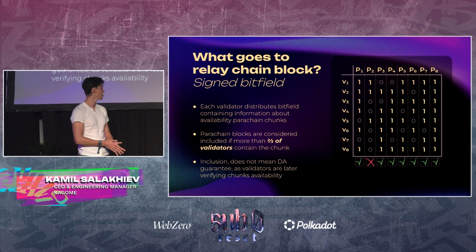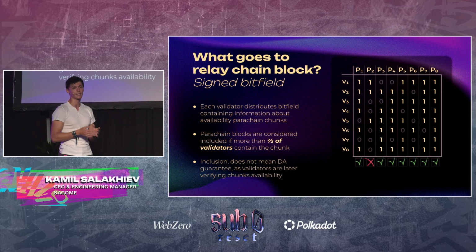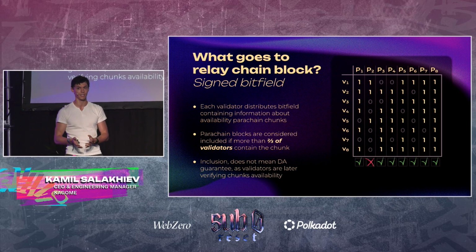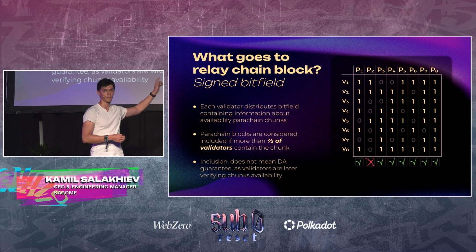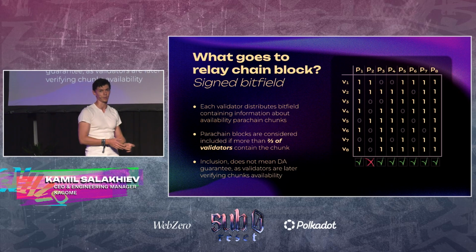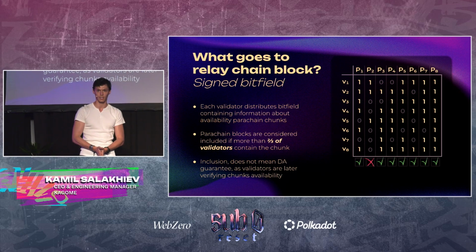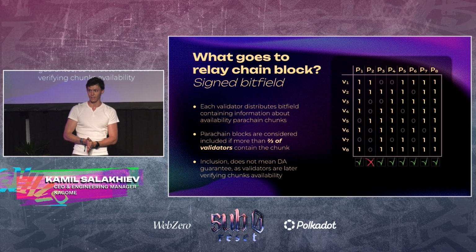However, it's important to notice that inclusion doesn't necessarily guarantee that the data is available. That's just a claim that some relay chain validator is making, that he has the chunk for this parachain block. But in reality, he could lie, and we should check him.